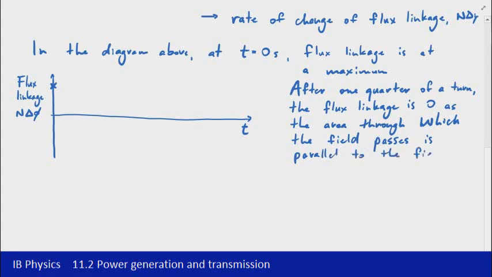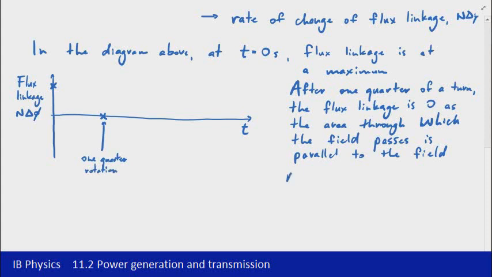So that then basically means that after a quarter of a turn, so somewhere here, so this point here would be 1/4 of the rotation, the flux linkage has decreased to 0.